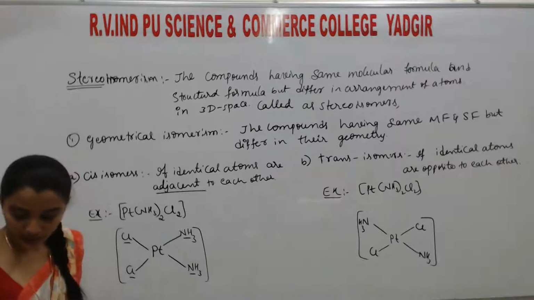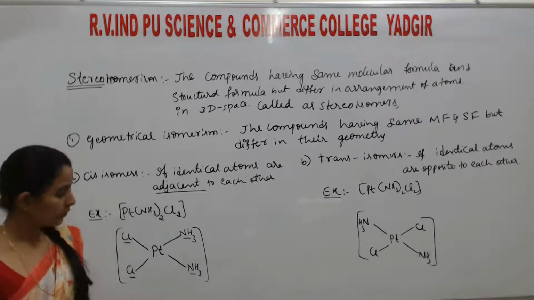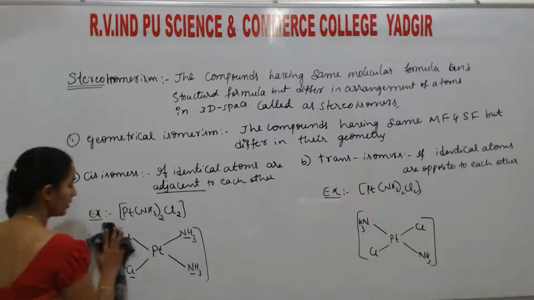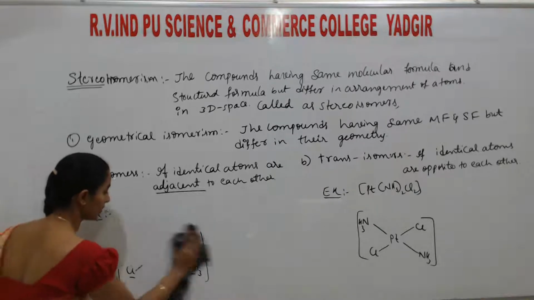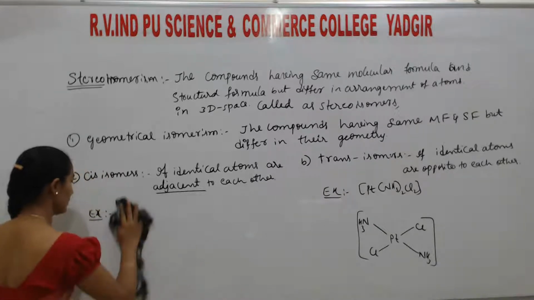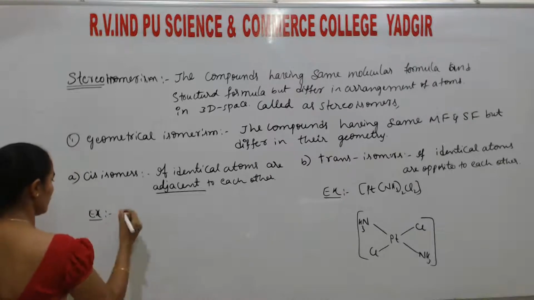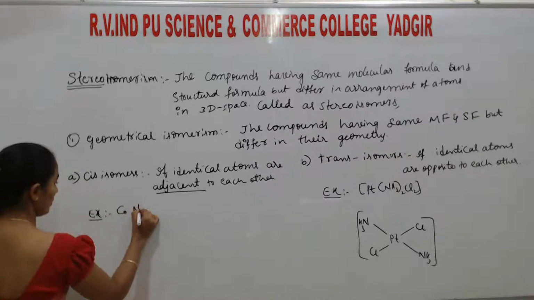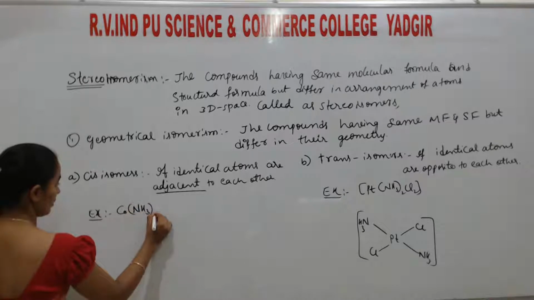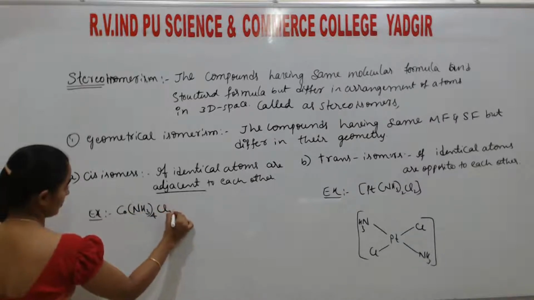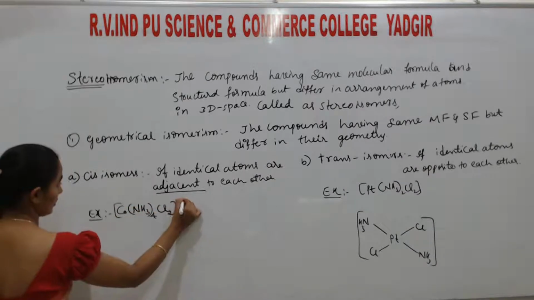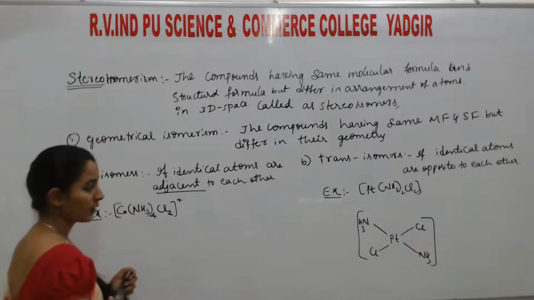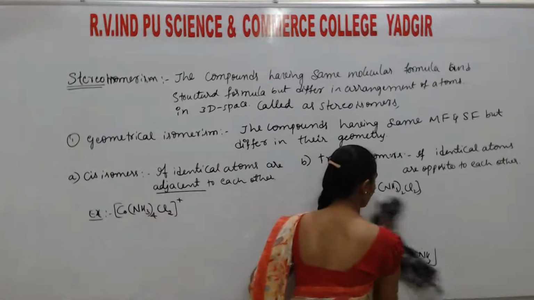So if we take another example, okay, let's just drop this. Co(NH3)4Cl2 plus. Okay, next.